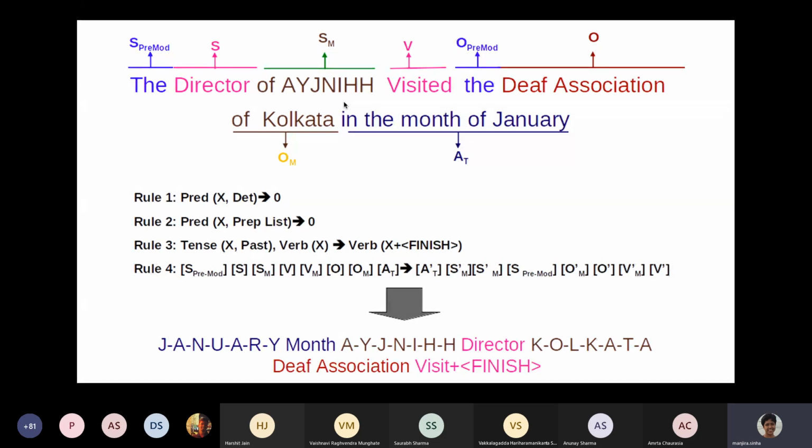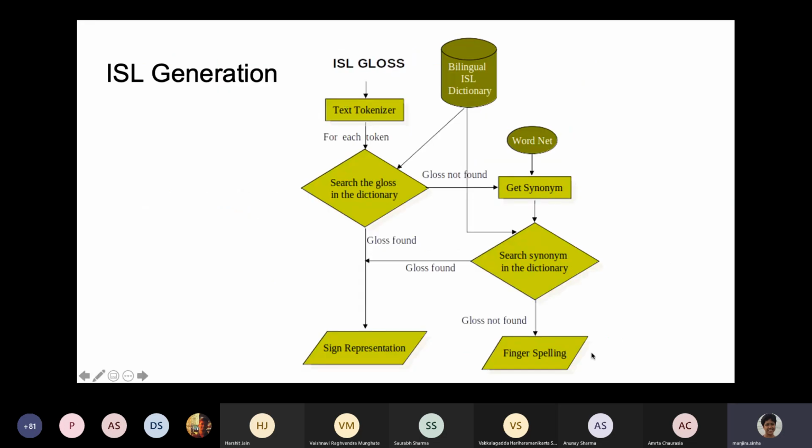But there is no synonym of IIT KGP. In that case, in English also we say it IIT KGP. That means the alphabetic representation, because that is an abbreviation. So for sign language, all the signs for I, T, K, G, and P will be done. In this way, sign language is generated from tokenized text.